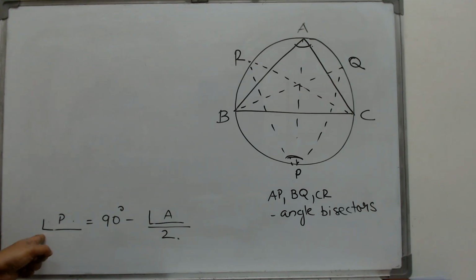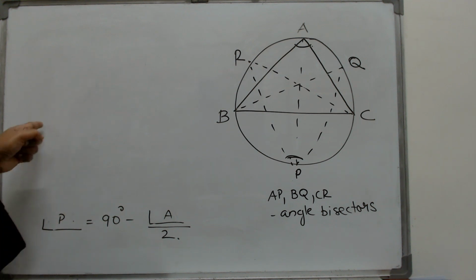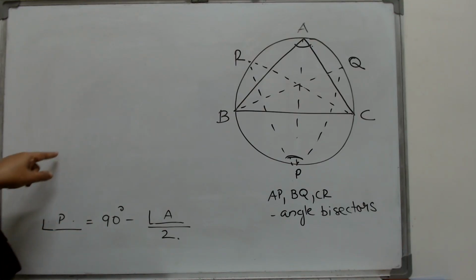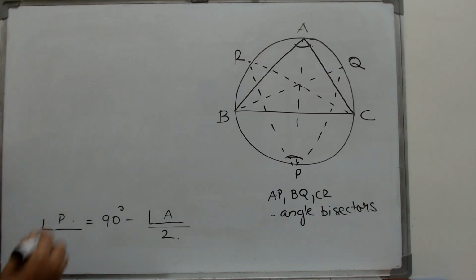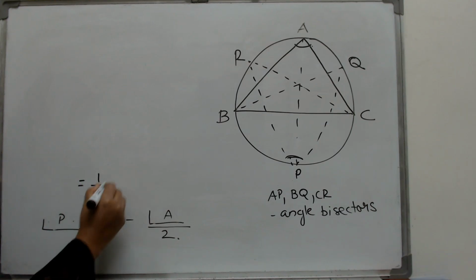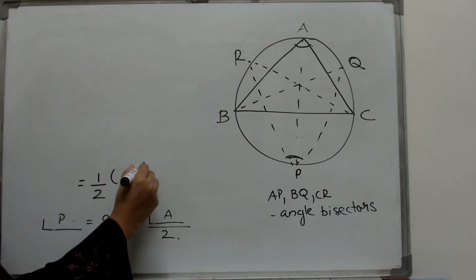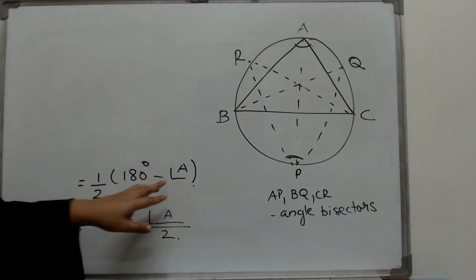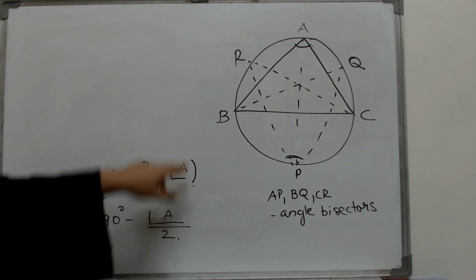Now in such cases, if you don't know how to proceed, always try reversing the steps. Now if this is your last step, if this is your required result, what do you think the previous step would have been? Why don't we take the LCM, and then this becomes 180 minus angle A. Right? Now, what do we know about angle A?